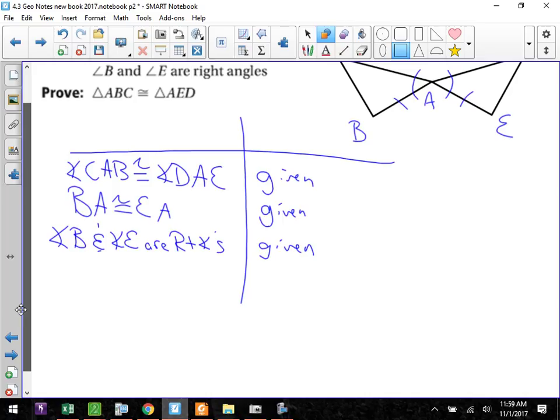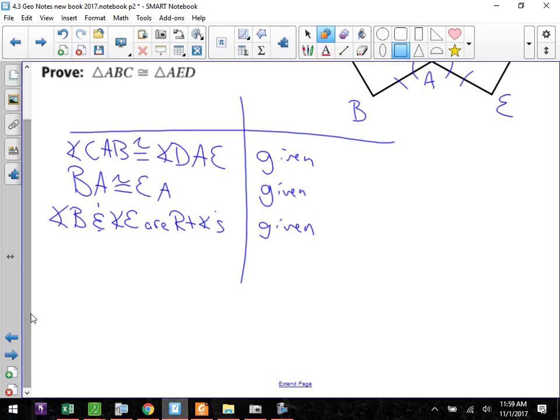I have right angles, so what am I going to say next? Well, what specifically am I going to put down next? Yeah, so I'll write angle B is congruent to angle E. Reason? Very good.